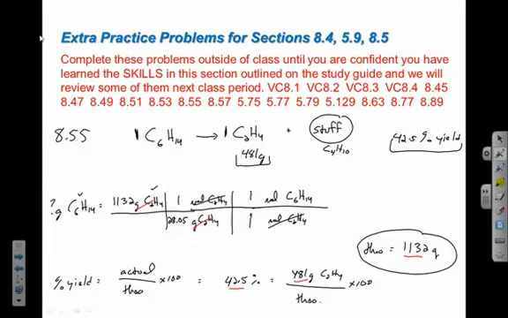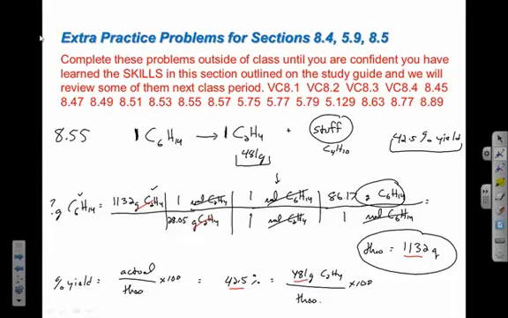So then if I have moles and I want grams, for that substance I need its molar mass. So 6 carbons plus 14 hydrogens gives me 86.17 grams per mole. So that will cancel here. Got the units I want.